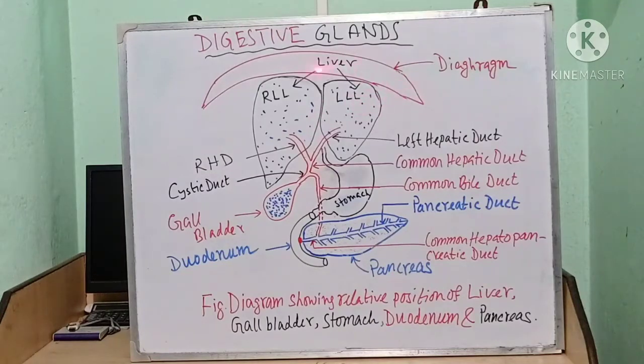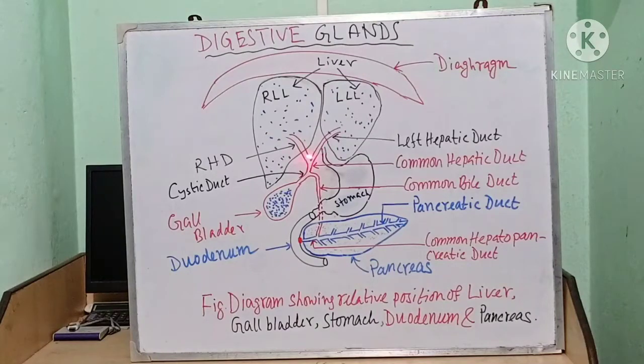This is the diaphragm. And you know what is abdominal cavity? The cavity that lies below the diaphragm is called the abdominal cavity.